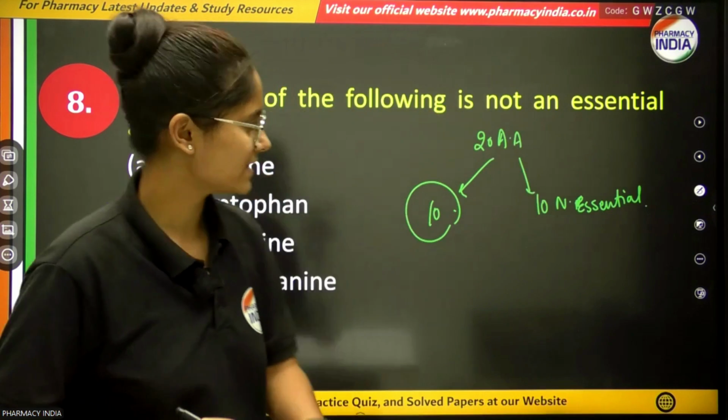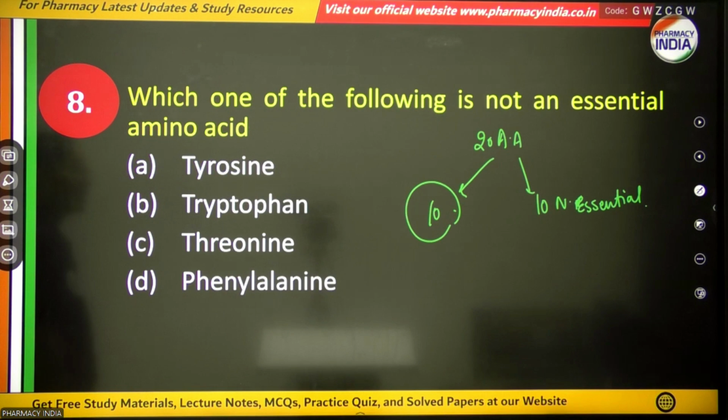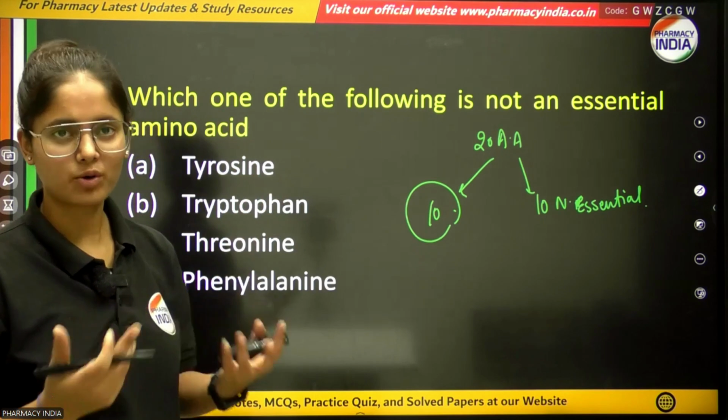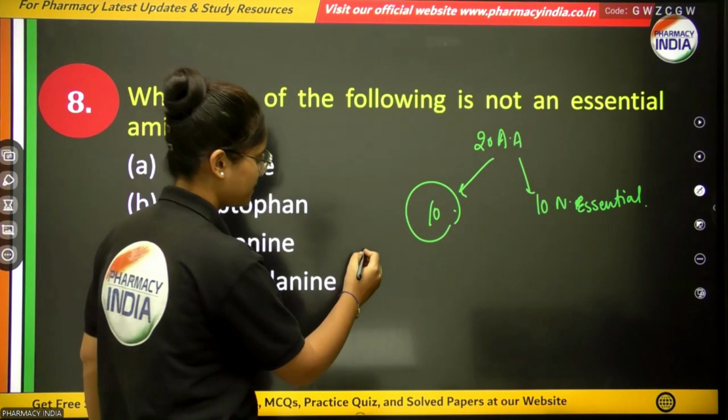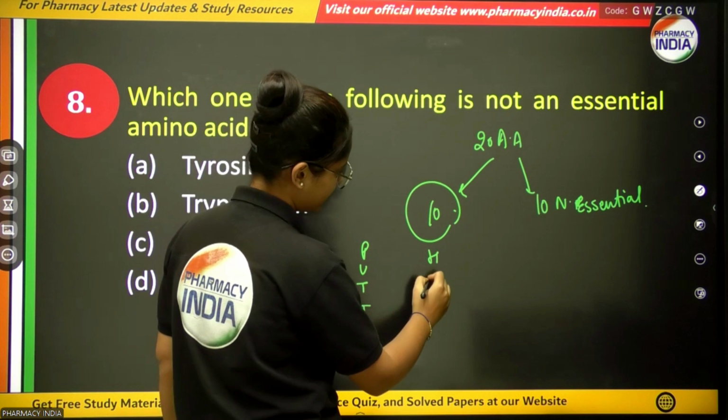So from these, you have to choose that amino acid which is non-essential: tyrosine, tryptophan, threonine, or phenylalanine.